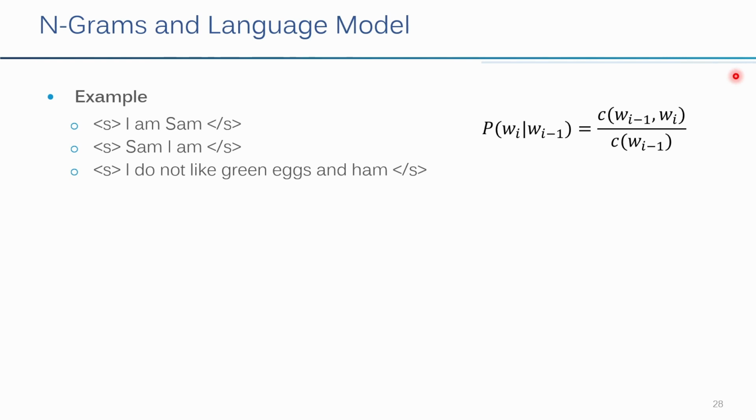And how do we use this co-occurrence of words to calculate the probability? Let's say we have these sequences: I am Sam, Sam I am, and so on. By the way, it's quite normal when dealing with text representation to have some special tokens to delimit where things start and where they end.